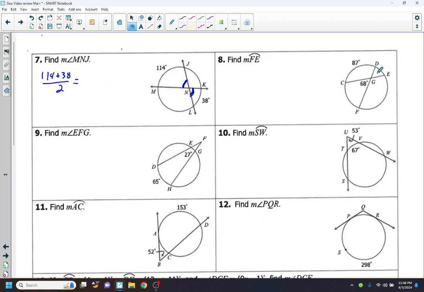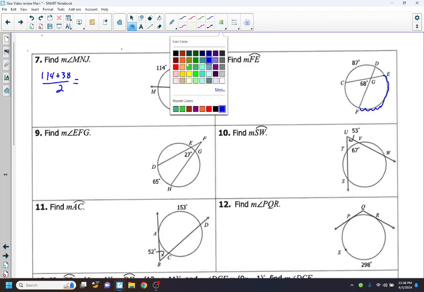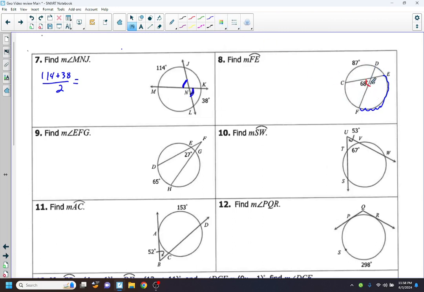In this situation, I want FE, so I want this guy. The problem is, I don't have all the pieces of the arc, otherwise I would just subtract it from 360. But I do have the fact that this is 68, so this part over here should be 180 minus 68, 112. So I know this little angle over here, whether it's CGD or FGE, doesn't matter, this is also 112.